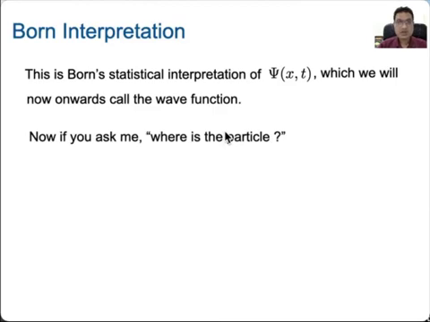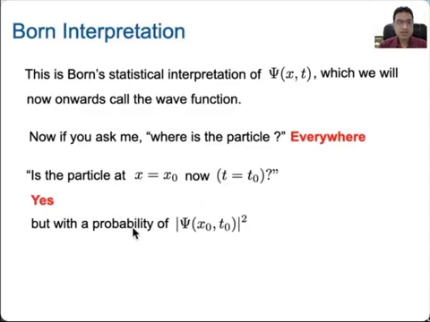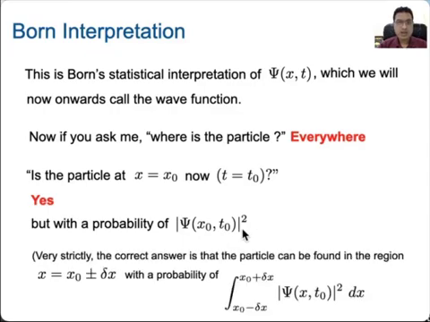So now let's ask, where is the particle? The answer is everywhere. Is the particle at x equal to x0 at t equal to t0? The answer is yes, but with the probability |psi(x0,t0)|². And that is what is called the probabilistic interpretation. The probability of finding the particle at this position at this time is given by this quantity.